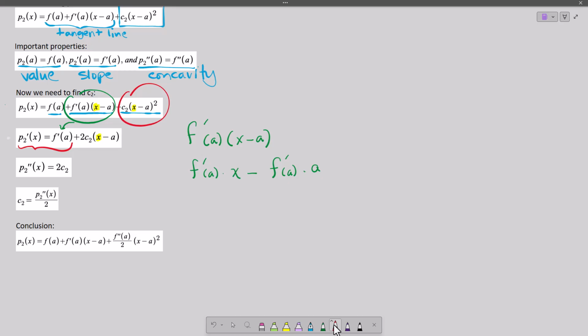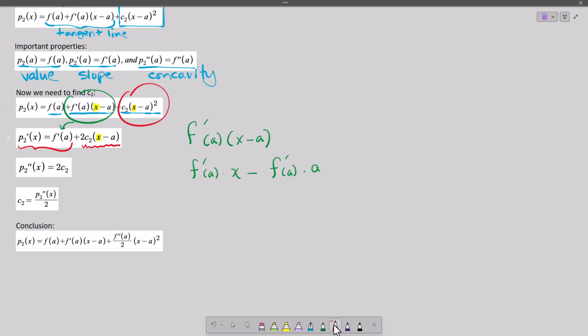Let's take the next derivative. Second derivative over here. Oh, derivative of a constant is 0. Derivative of f prime of A is 0. It's just a constant. Now we look in here, we want the derivative of that. Same idea that we did over here. If you distribute the 2c2, so the c2 is just a constant. So isn't the derivative of this just 2c2? Right? This constant gets distributed to the x.